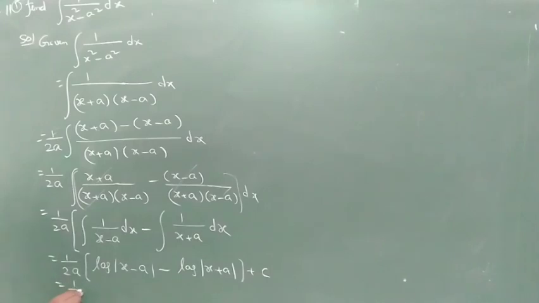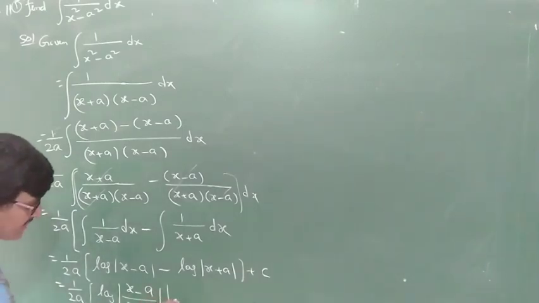So that is equal to 1 by 2a into log a minus log b is equal to log a by b: log of x minus a by x plus a plus c.